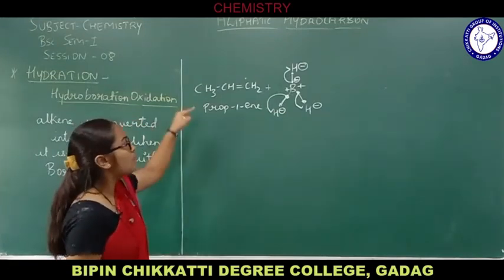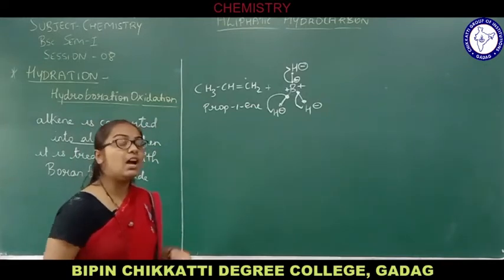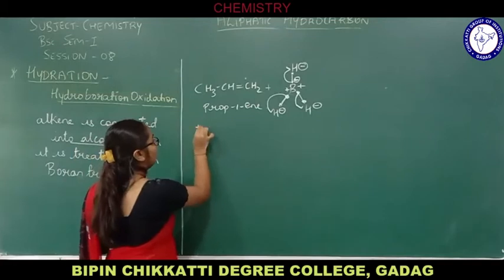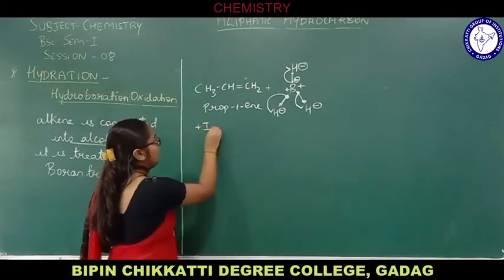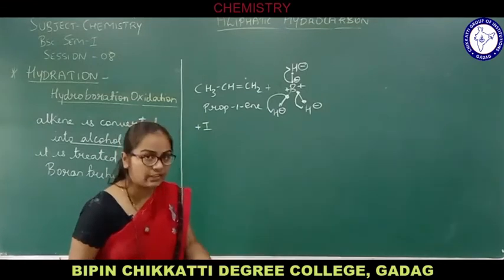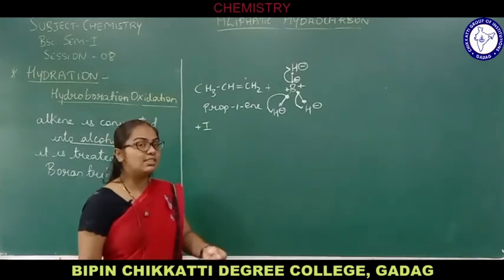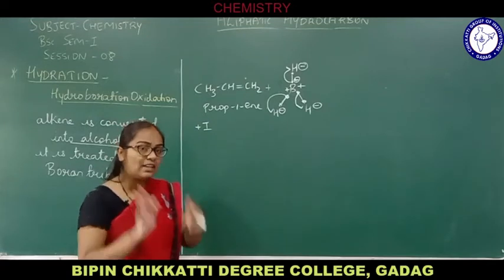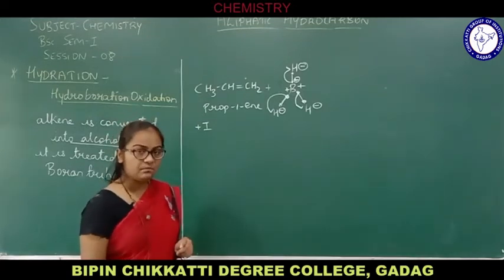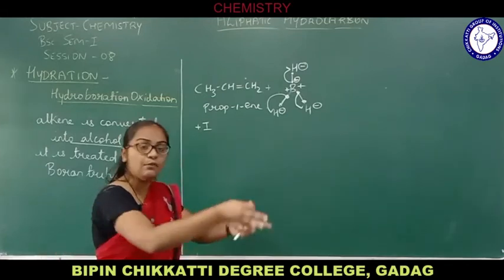Now let's talk about propane. In propane, how will the charge distribution take place? There is one effect which is called the plus I effect, meaning positive inductive effect. In the positive inductive effect, one species donates electrons towards another one in a chain form, in a relay form.